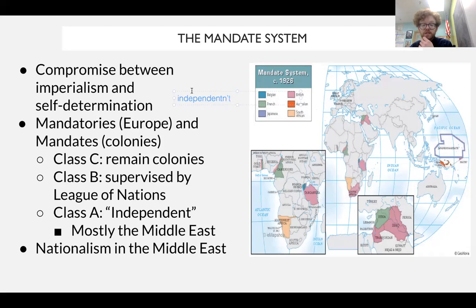We are going to see this mandate system mostly in former Ottoman territory. And we are going to see a continued economic and political presence of Europe in former countries of the Ottoman Empire. And in reaction to the presence of European military and economic presence, even though they were promised independence, we are going to see the rise of nationalism to resist European military occupation. This is going to be kind of a general theme across North Africa and the Middle East.